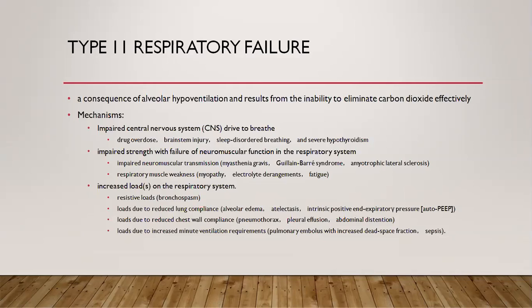The next mechanism is an impairment in the strength, with failure of neuromuscular function in the respiratory system. So neuromuscular naman ang problem. Probably involved is impaired neuromuscular transmission, such as in cases of myasthenia gravis, Guillain-Barré syndrome, and amyotrophic lateral sclerosis.